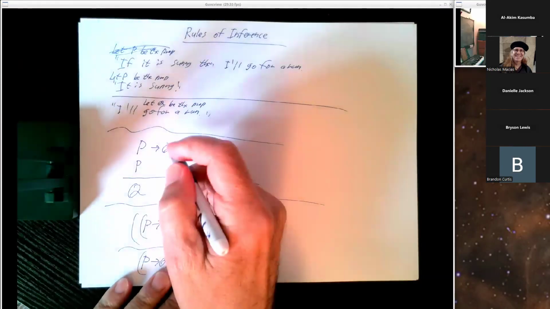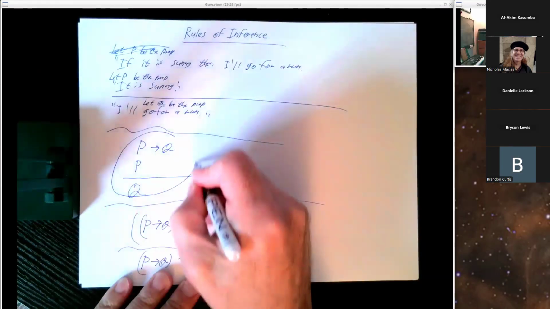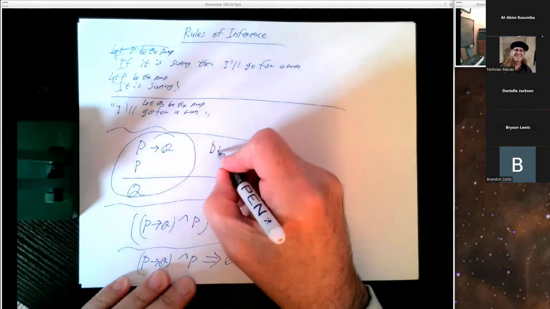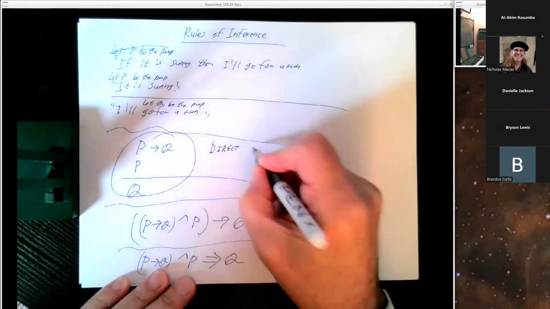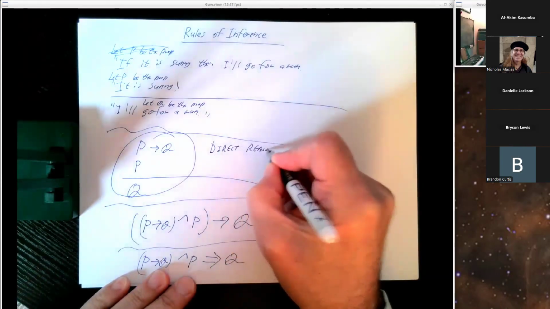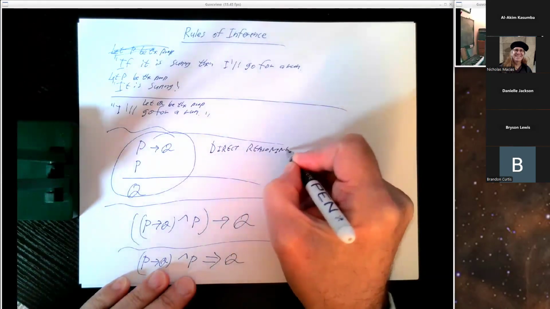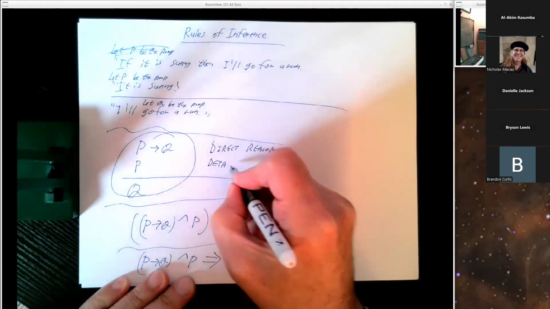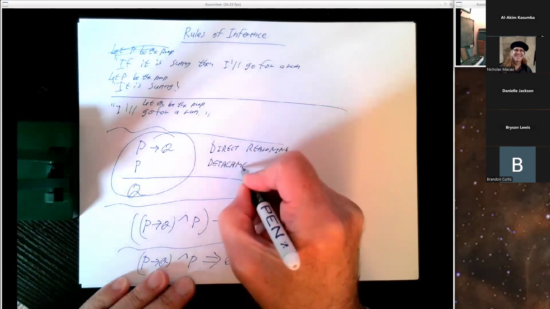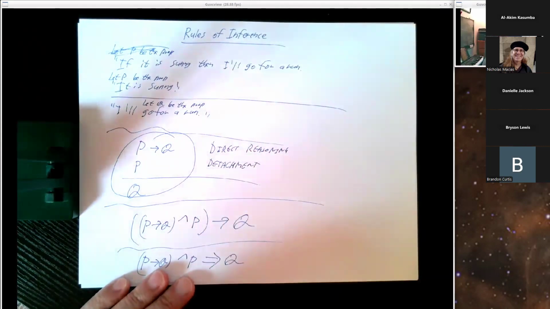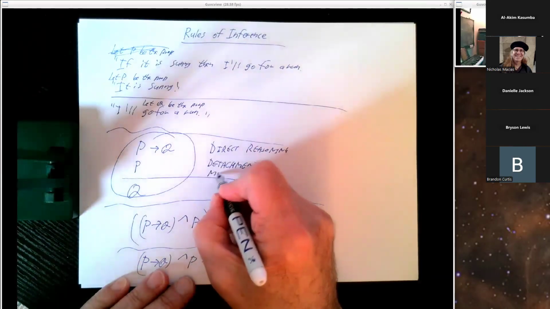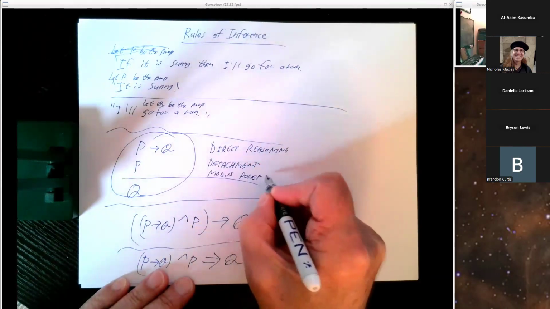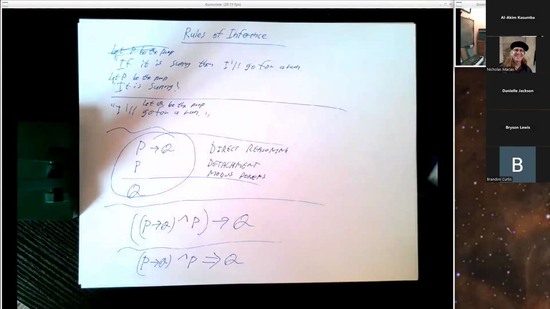Okay, so there's a name for this. We can call it direct reasoning. It's also called detachment. It's also got a fancier name, which is modus ponens, which sounds like a dishwashing liquid or something.